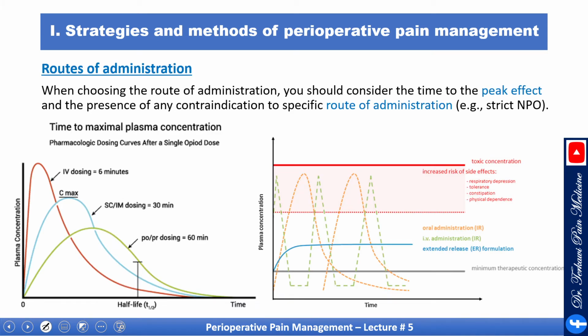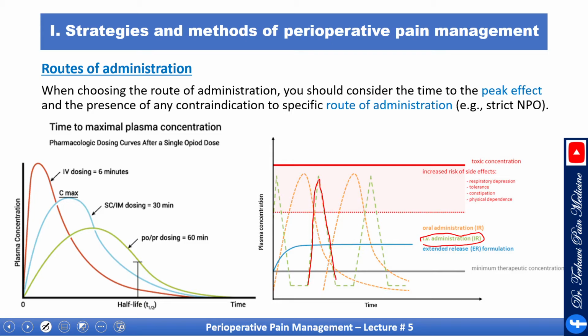Also, when you consider the route of administration, you have to think about the desired peak effect and the duration. So when you give IV, here in the green line, you will get a rapid peak, but that will also rapidly decrease.